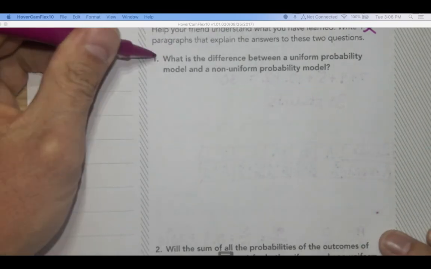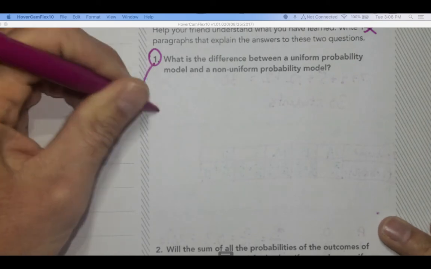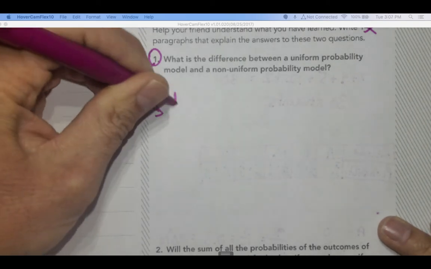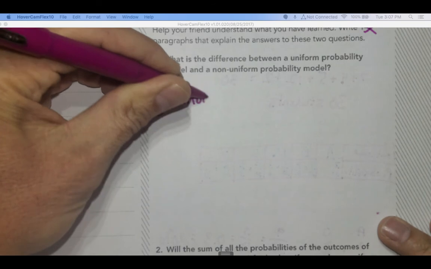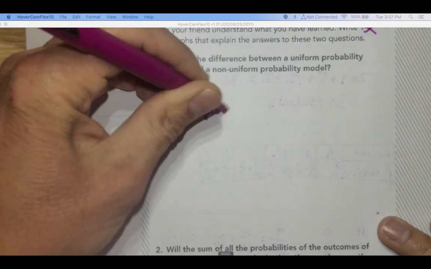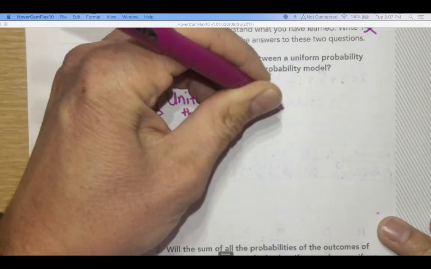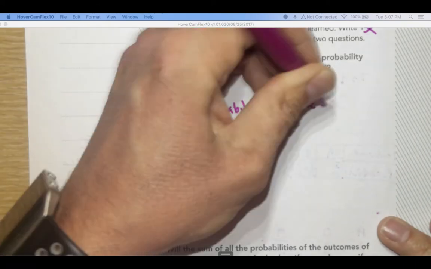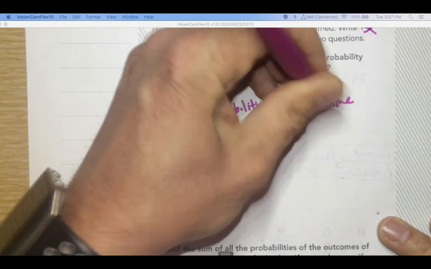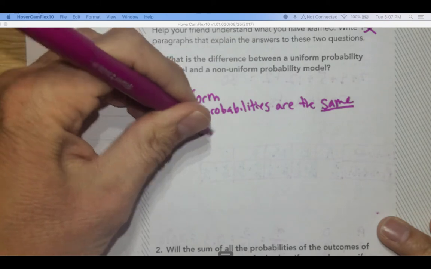What is the difference between a uniform probability model and a non-uniform probability model? Uniform, the probabilities are the same, or uniform, for each outcome.